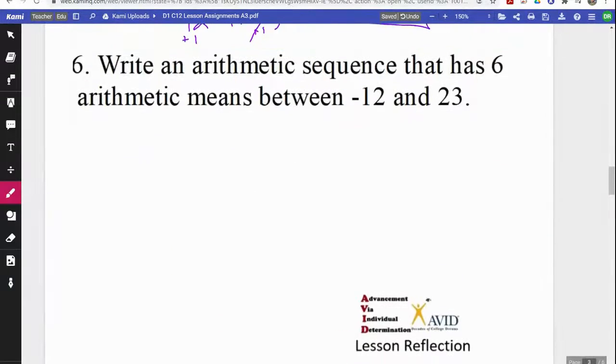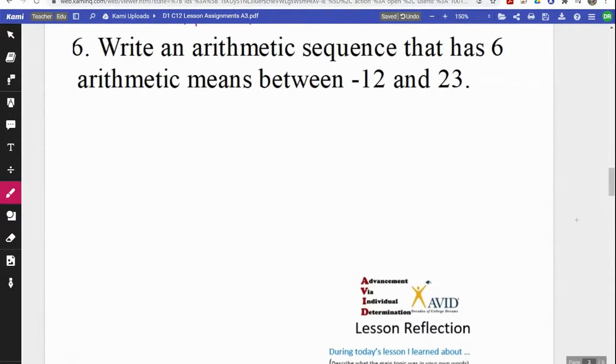Then there's one more type of problem, which kind of seems hard to understand. It says, write an arithmetic sequence that has 6 arithmetic means between 12 and 23. So we don't really know what the first term is or what the last term is, but we know that at some point it goes 12, and then there's 6 unknown terms. 1, 2, 3, 4, 5, 6.